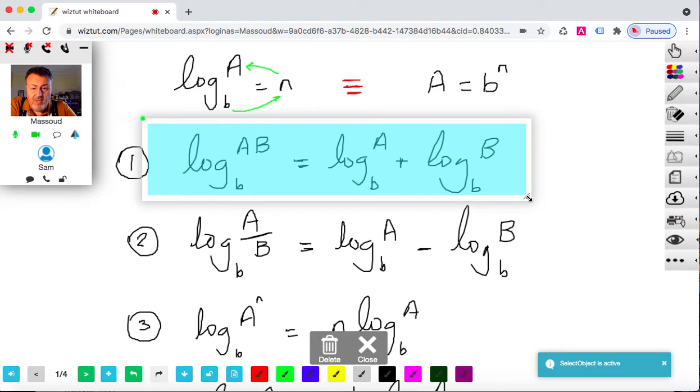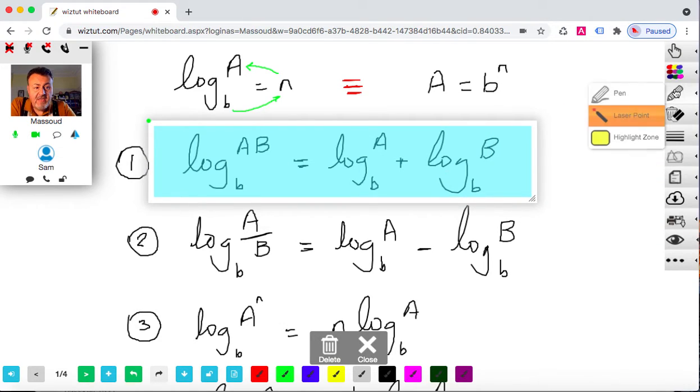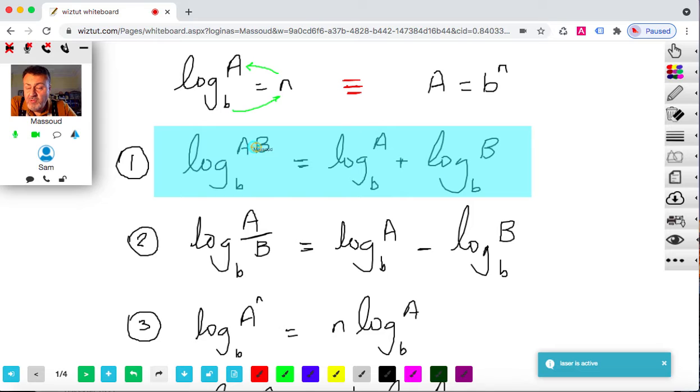So rule number one says that if in the subject of log you have two subjects multiplied by one another, so we are doing log of a multiplied by b to the base b, then you can actually write that as two separate logs, two individual logs, with each subject separated in each log.